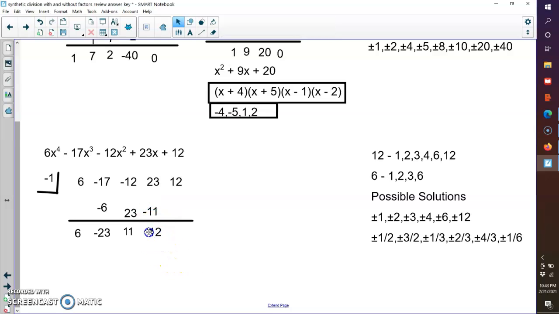And 12 times -1 is -12. And there's our 0.